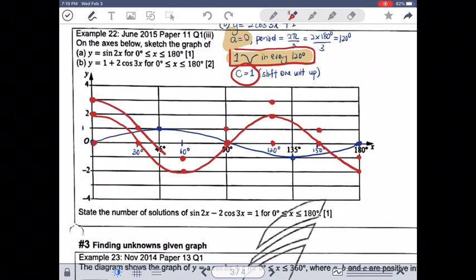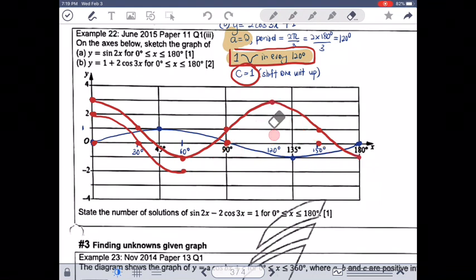So we are going to draw our new graph. Oops, sorry. So you need to do it carefully. There you go. So erase the previous graph. Okay. There you have it.